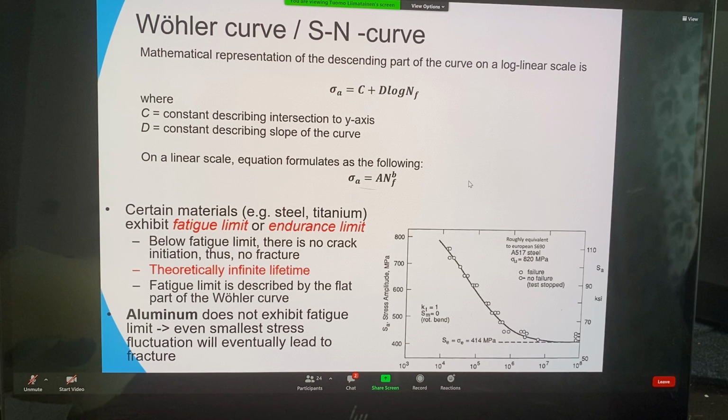Jaakko has a question, go ahead. Yeah, since we can define the curve or a point on the curve where we never break, or there will never be the crack initiation, doesn't that also mean that if the load changes, the curve changes permanently?